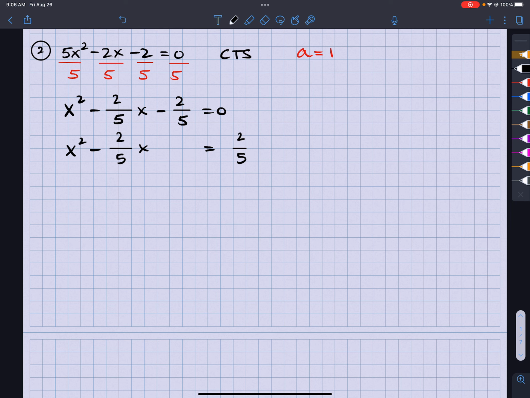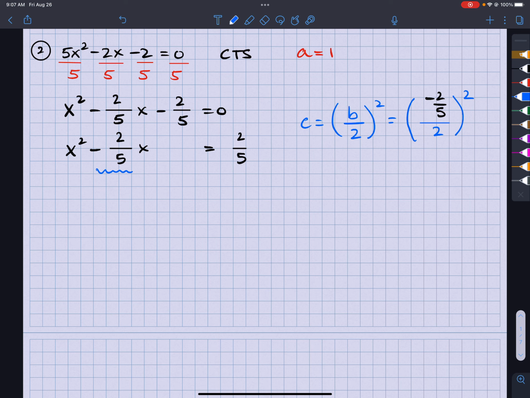Now I have to find a new c. And new c is equal to b divided by 2 squared. And the b term here is this right here. So I'm going to have negative 2/5 divided by 2 squared.